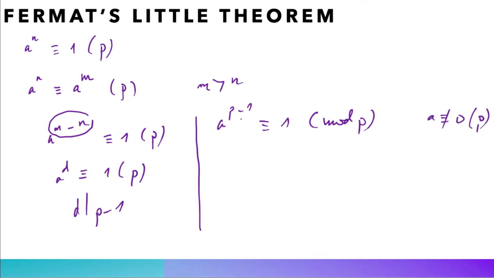So if you divide p minus 1 by d, one gets that p minus 1 is equal to d times a certain integer k plus a certain remainder r, which is strictly lesser than d.